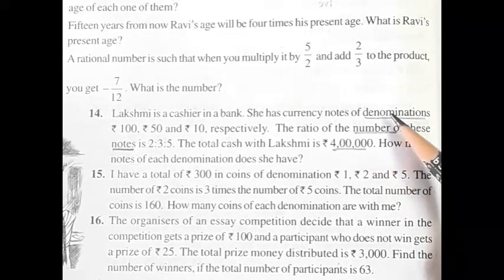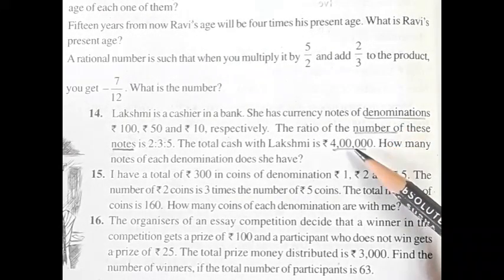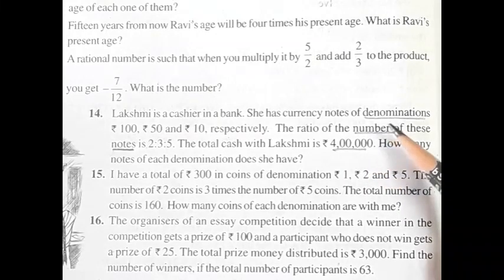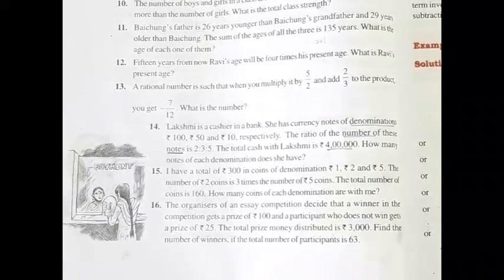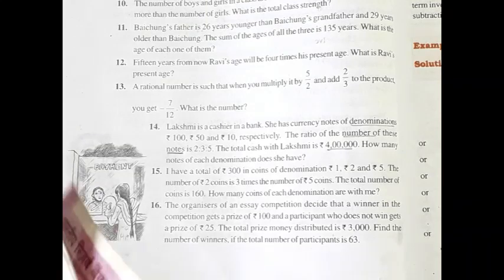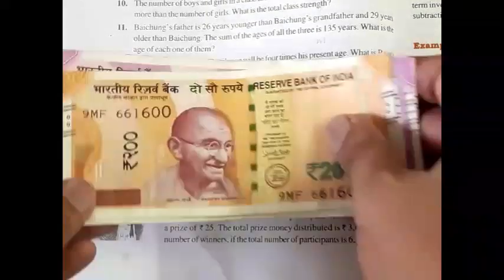First we have to be very clear with these in order to move ahead with the solution. I hope you know the difference between denomination, number of notes, and the total cash. Just for the instance, I want to show you what exactly the difference is. Look, I am carrying some amount of money with me.